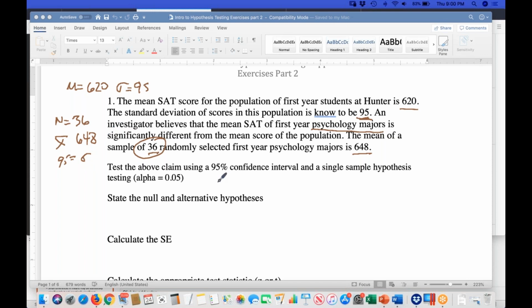So what is our null and alternative hypothesis when we compare these two means? We're saying our null hypothesis is that mu for all students is equal to mu for the psychology students. What's our alternative hypothesis?